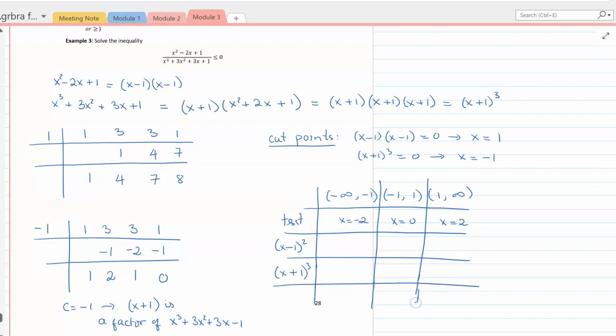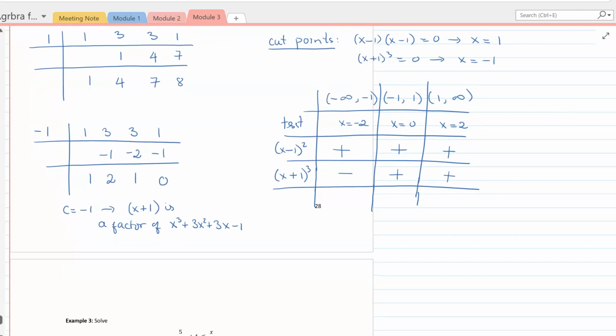Because we take the numerator to the square, this row is all positive. For negative 2, negative 2 plus 1 makes negative 1, and negative 1 cubed is negative. The others are positive and positive. So overall, we get negative, positive, and positive.